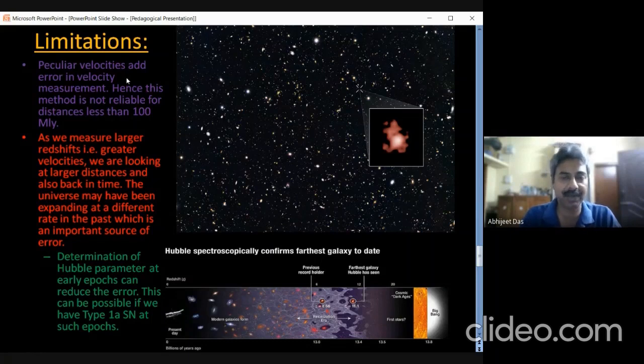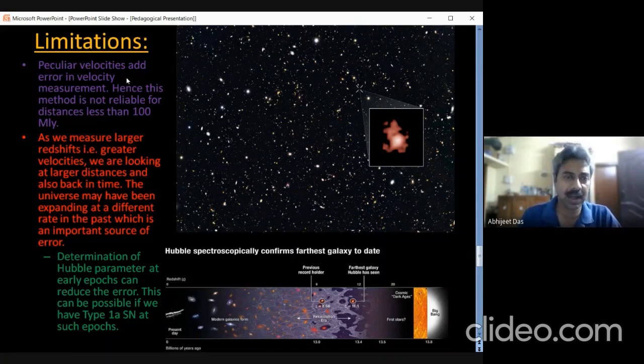But apart from that motion, they can be moving around, say, in a cluster of galaxies, where they may be moving towards or away from each other. And these peculiar velocities are of the order of around 200 to 300 kilometers per second, and they add considerable error in the measurement of redshift, and hence of the distance.